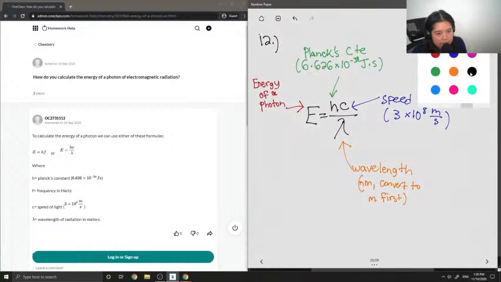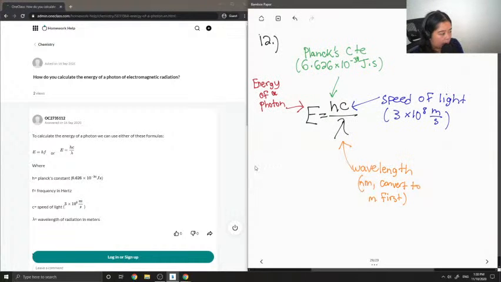So I'm going to write down this equation as well, where frequency is simply just, where is I going with this? Yeah, 1 over s. So when you have a frequency value that is in hertz, this unit is the same thing as 1 over s.